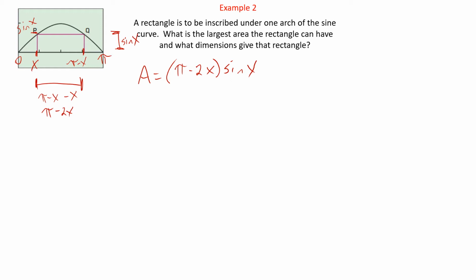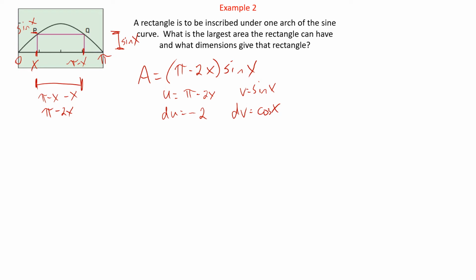So we need to find the derivative of this. The derivative is going to require the product rule. We have u equals pi minus 2x, v equals sine x. du: pi is a constant, so that goes away, and minus 2x becomes minus 2. dv is cosine x.